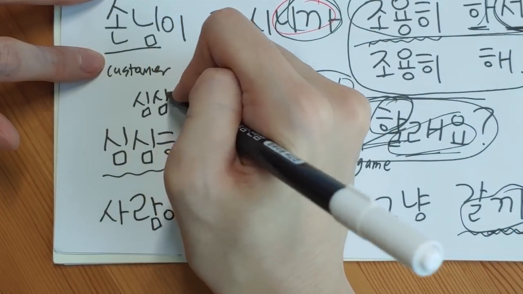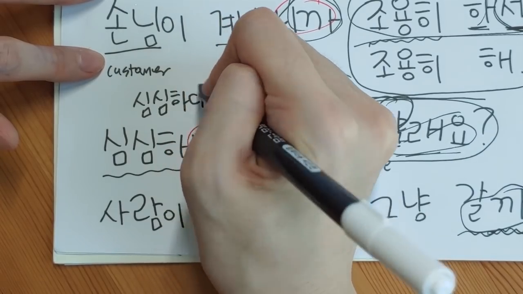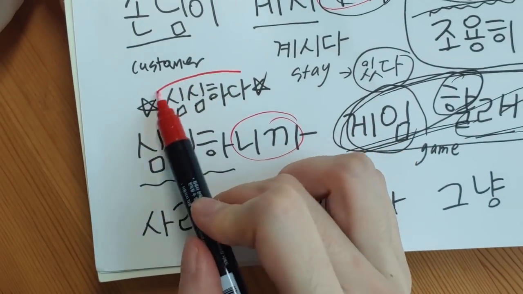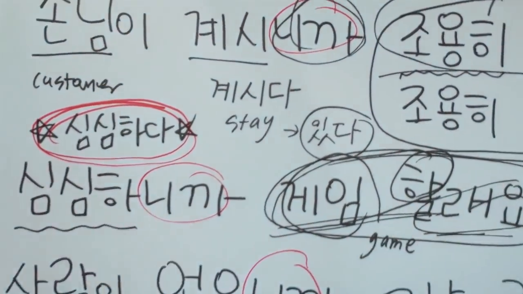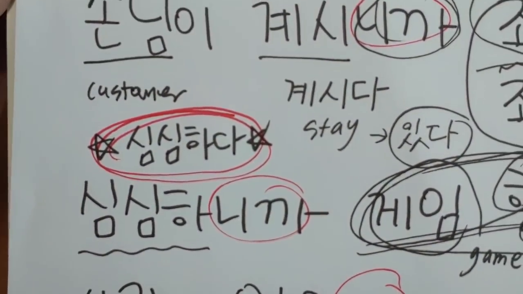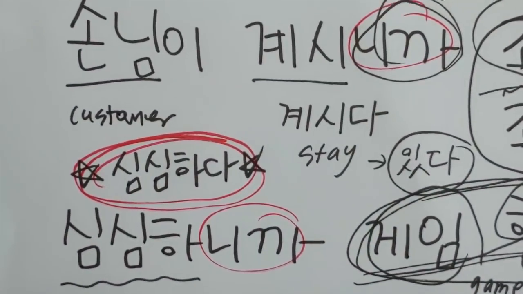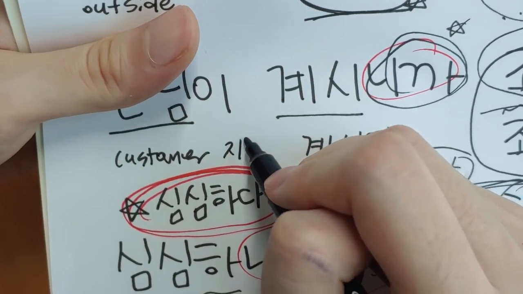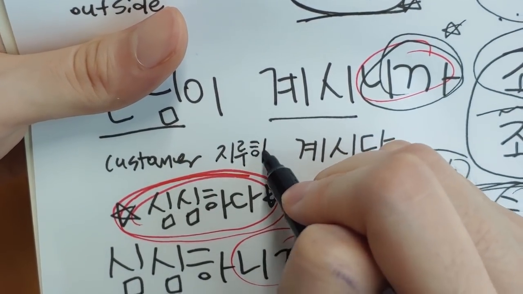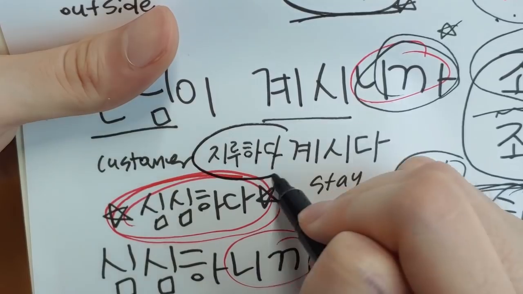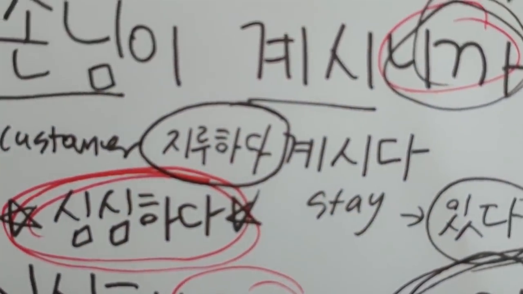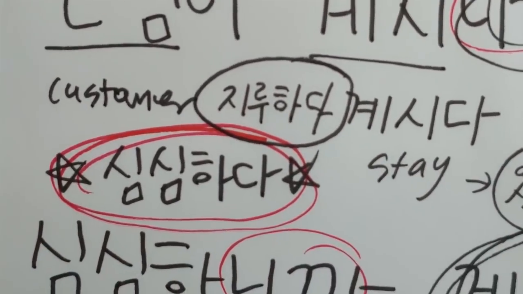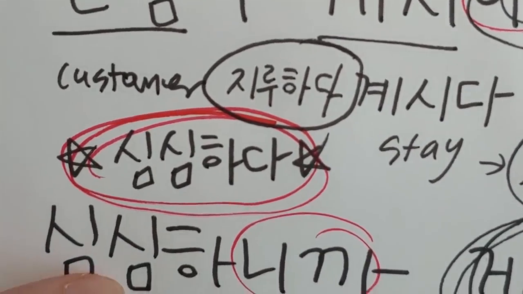So 심심하다 is also a good, frequently used adjective that you can take note of. 심심하다 means to be bored. And 지루하다, some of you might be confused with this adjective if you already know this. 심심하다 means to be bored, like I am bored or a person is bored.